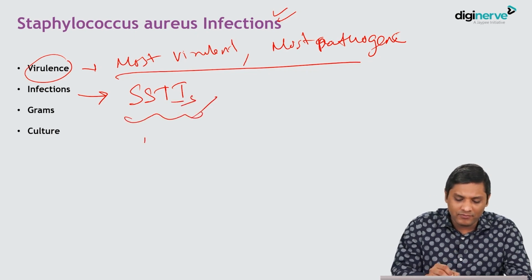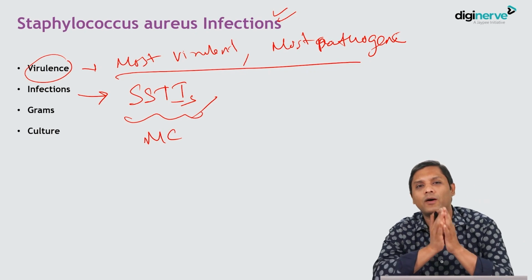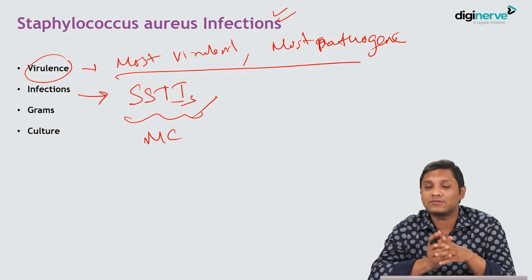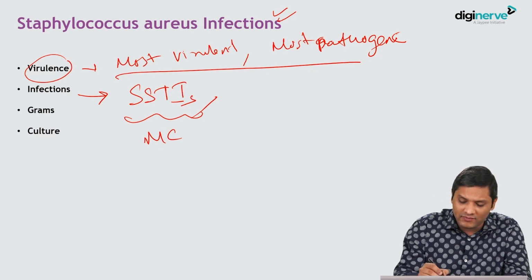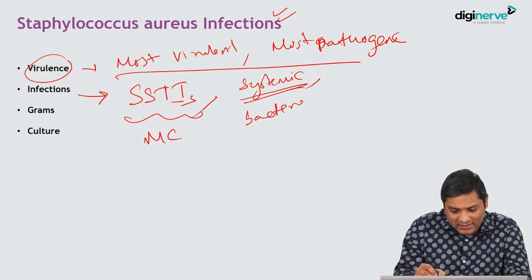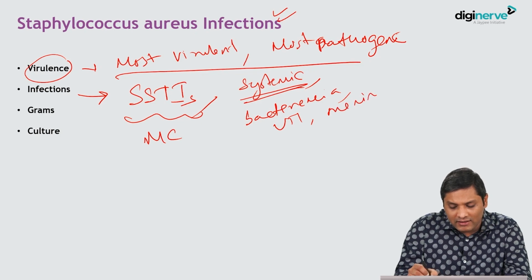So that is why you must know that it is the most common organism to cause skin and soft tissue infection. But at the same time, it can cause various systemic infections, starting from bacteremia, UTI, meningitis, pneumonia.